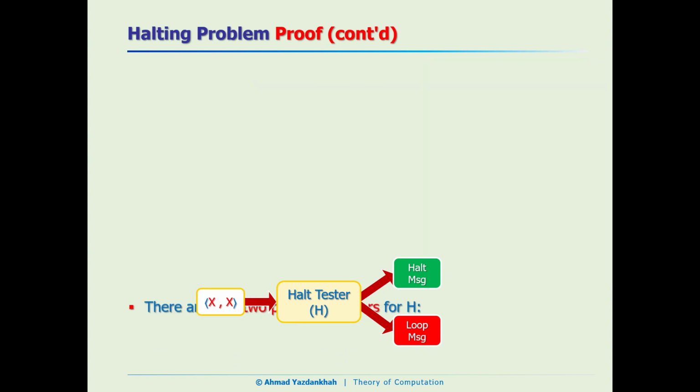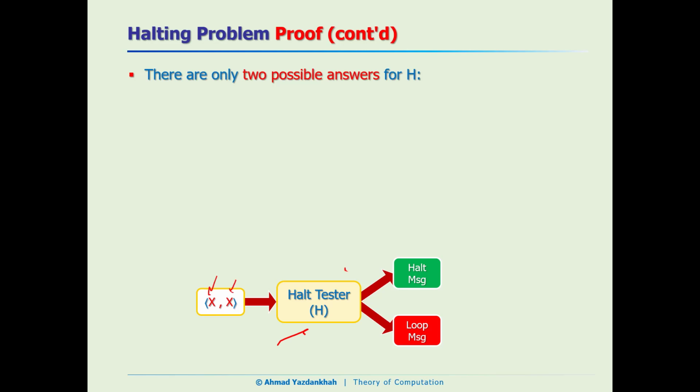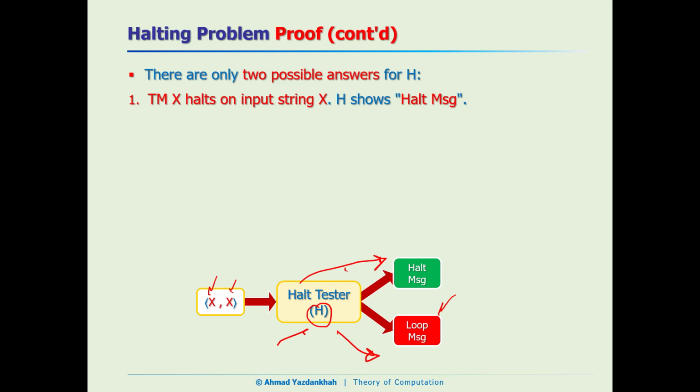How come? Because there are two possible answers for H. Either you can say, okay, I guess X against X, this H will decide it will halt. Or you can say, no, H will show you that there is a loop. We have only two possibilities.